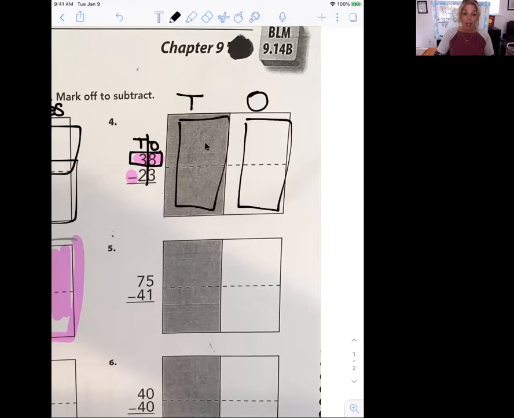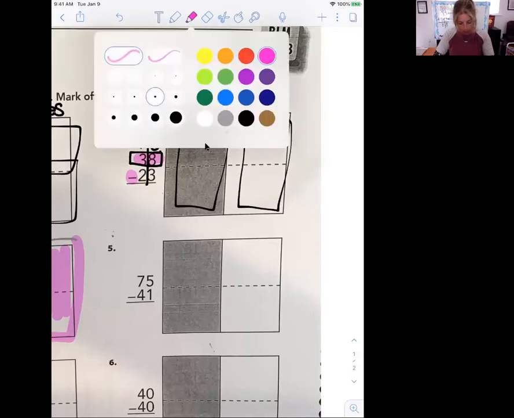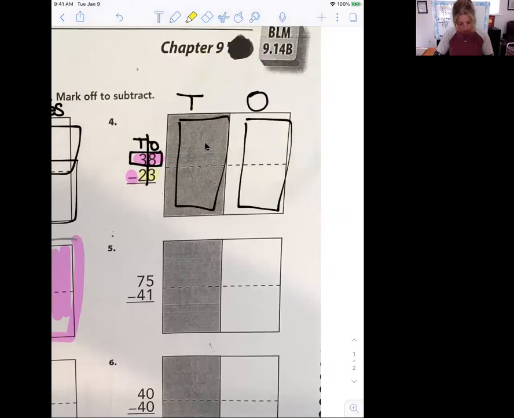Okay, now that you have finished drawing, you are going to take away the number on the bottom. You take it away by crossing out however many tens you need, and then crossing out however many ones you need. Cross out on your drawing.